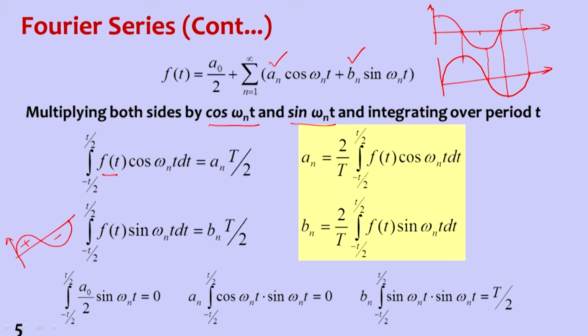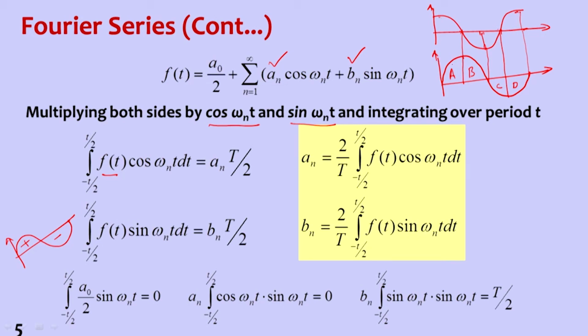Let me call these points A, B, C, D. You can see their values are the same, but the signs are different.